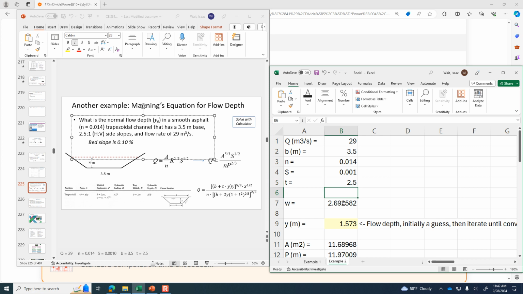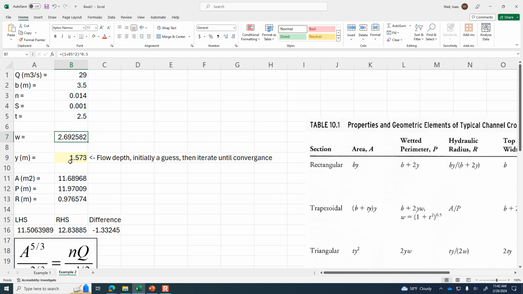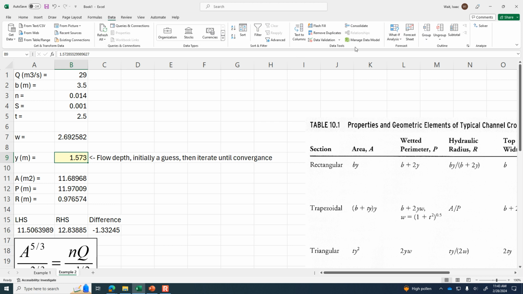Okay, so it automatically updated our W value. It has the guess from the previous time we were running Goal Seek. That doesn't mean that this is the actual flow depth, because look, the difference isn't 0. So we're going to have to run Goal Seek again to find the new value for the depth that causes this to converge. So let me do that again.